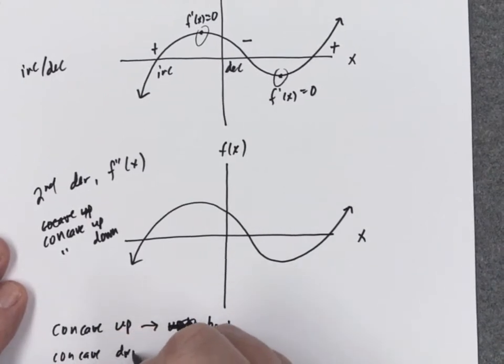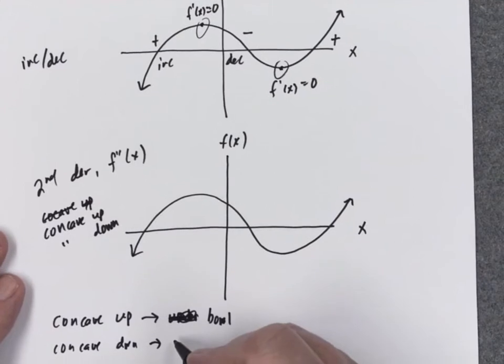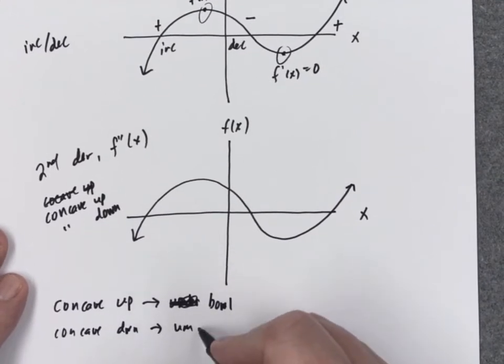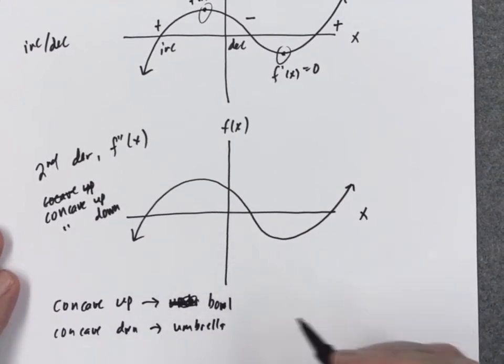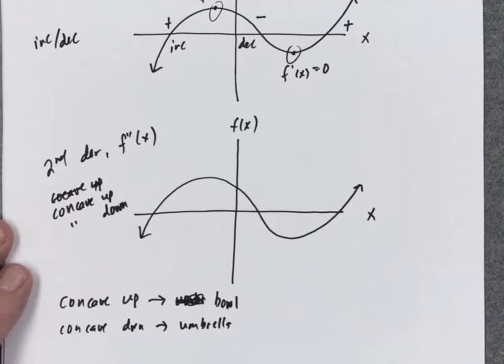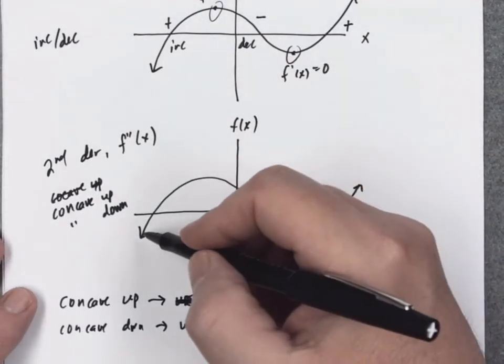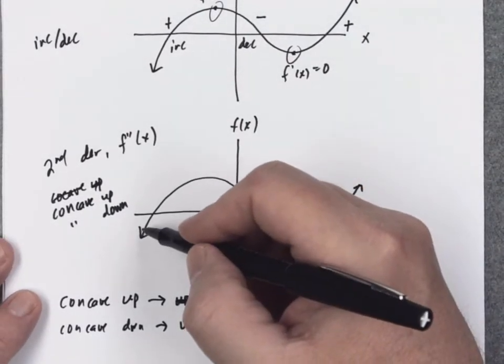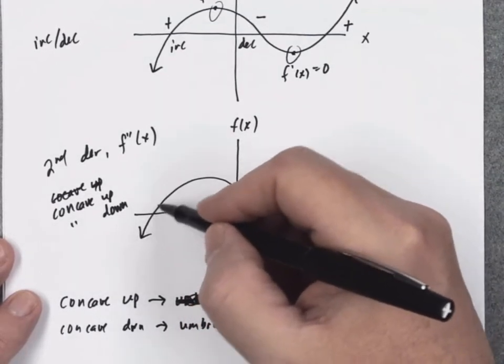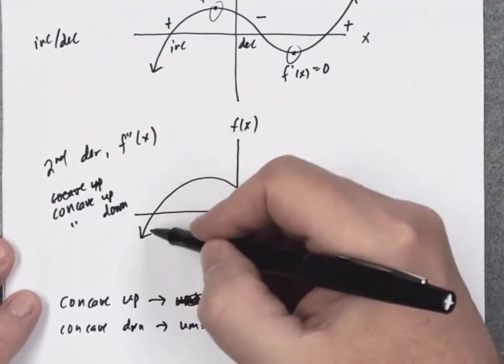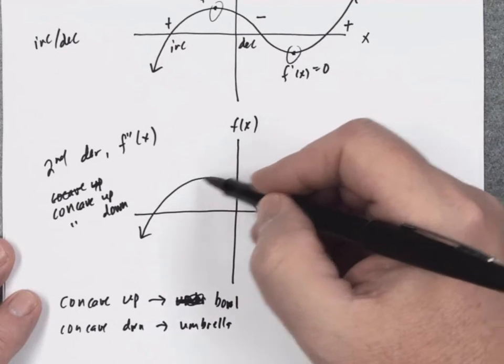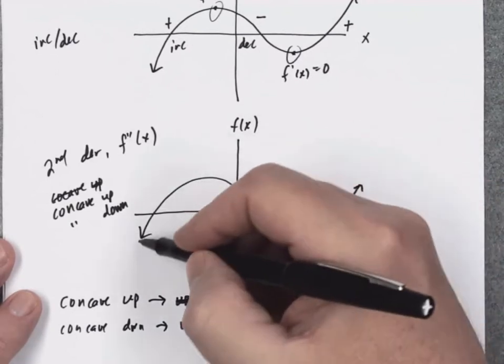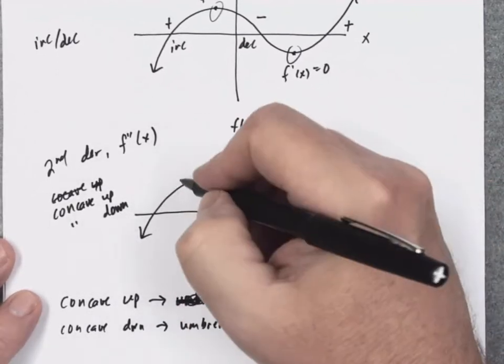When we have concave down, I like to think of an umbrella. What do I mean? Let's look at this graph. If I look at this part, I'm looking at the curvature. This looks like an umbrella, right? If I were to look here, this is called concave down.